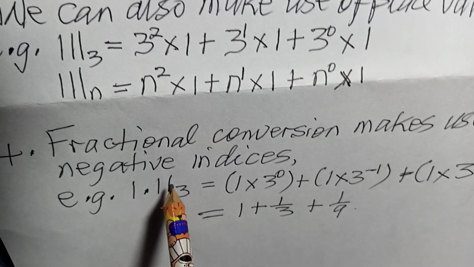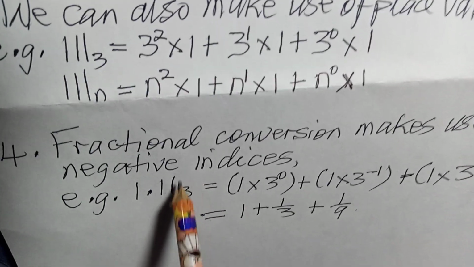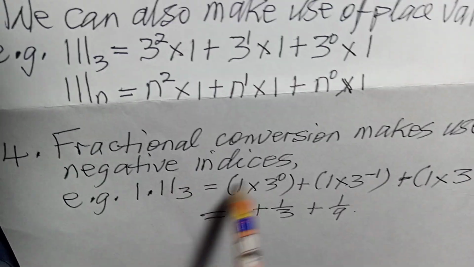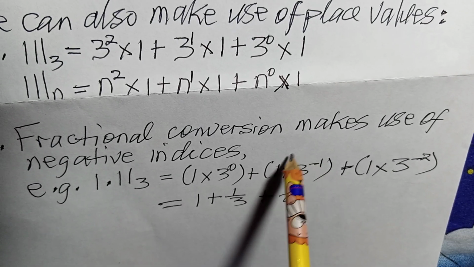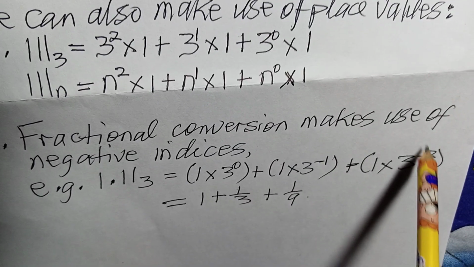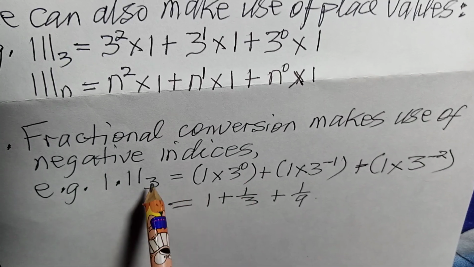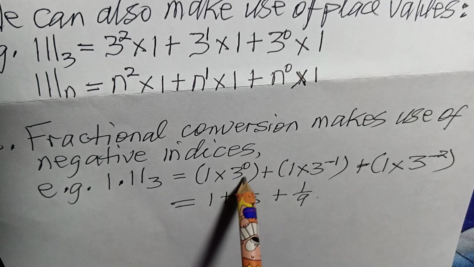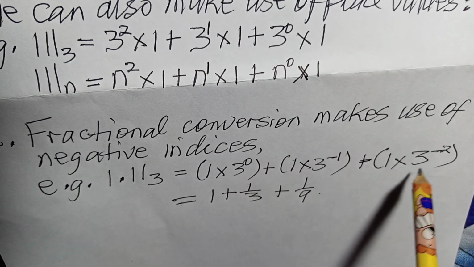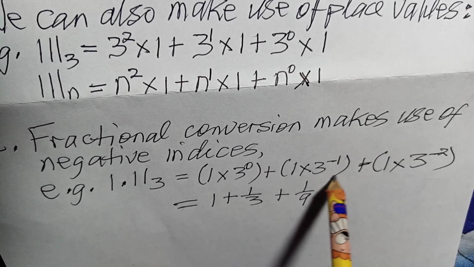You see now, it's only 1, 1. That is 2 places for the fraction. So when we come to the fraction, this is for 1 and this is for another 1. Then we put the power to this base. This is the area for the fraction, these 2.